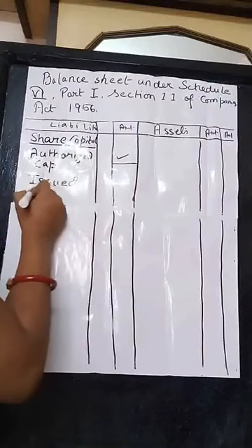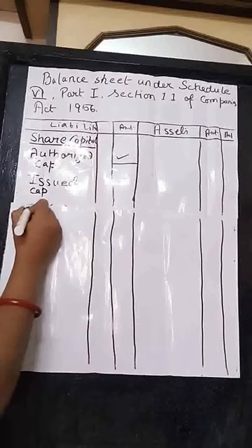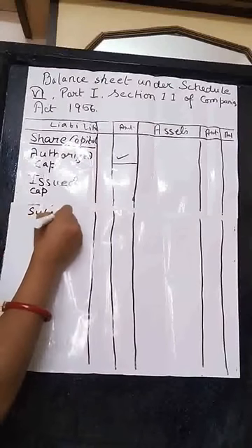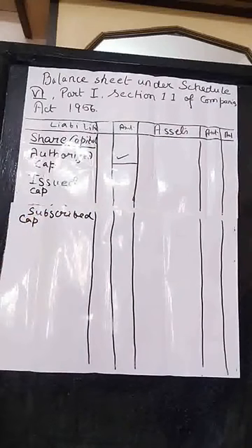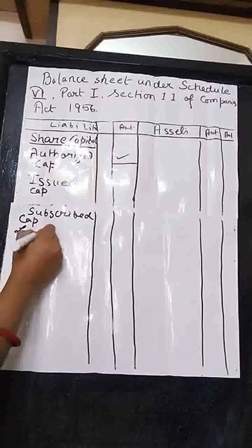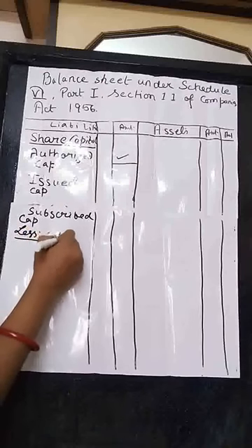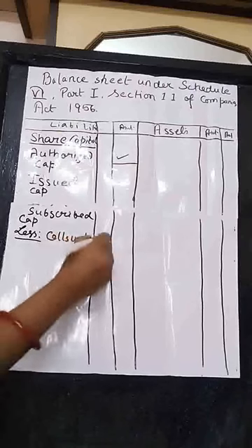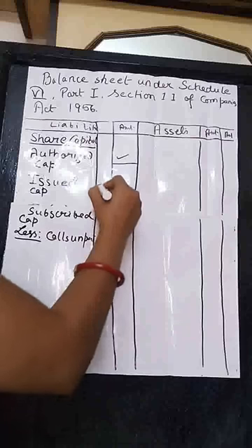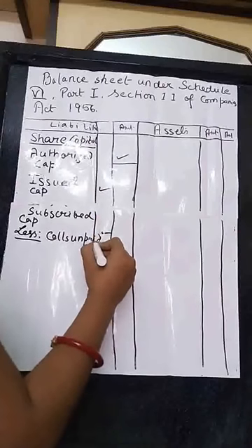Then comes the issued capital. After the issued capital, we will write the subscribed capital. After that, you will deduct any calls unpaid. Any calls unpaid will come over here.